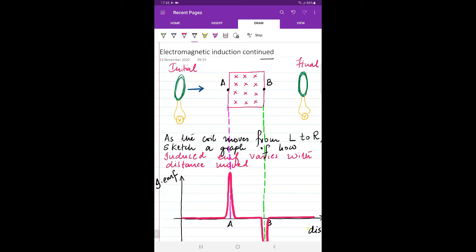So at the point of exit, the magnetic flux will change from NBA to zero, if that makes sense. At the point of entry, it was from zero to NBA. And at the point of exit, it will be from NBA to zero.